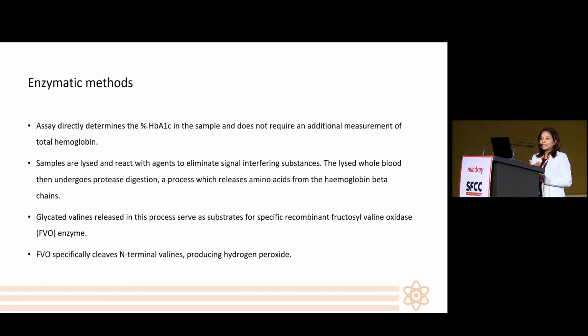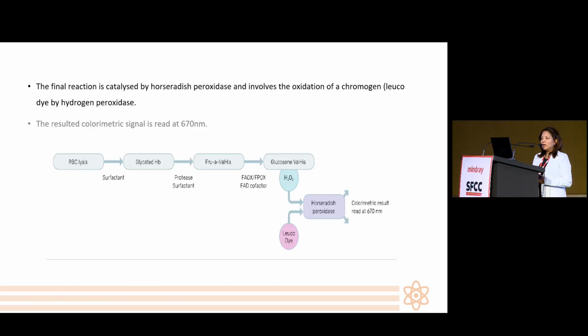These glycated valines that are released in this process act as substrate for the specific recombinant fructosyl valine oxidase enzyme. This enzyme then specifically cleaves the N-terminal valines, producing hydrogen peroxide. The final reaction is then catalyzed by horseradish peroxidase, and it involves the oxidation of a chromogen, that is leuco dye. The resulting colorimetric signal is then read at 670 nanometers.